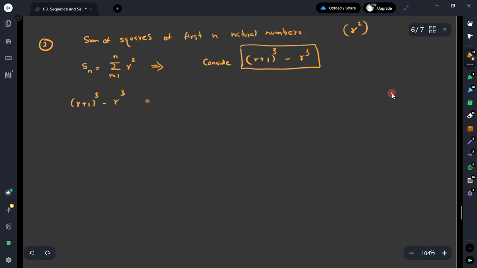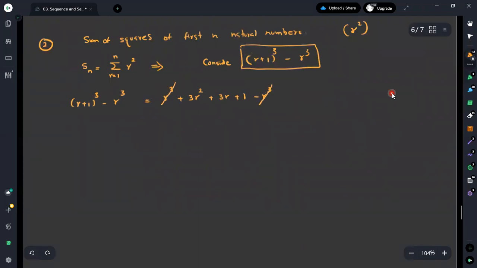Then if you solve this, solving the third power of r plus 1, we will get r to the power 3 plus 3 times r squared plus 3 times r plus 1, then minus r cube is considered.